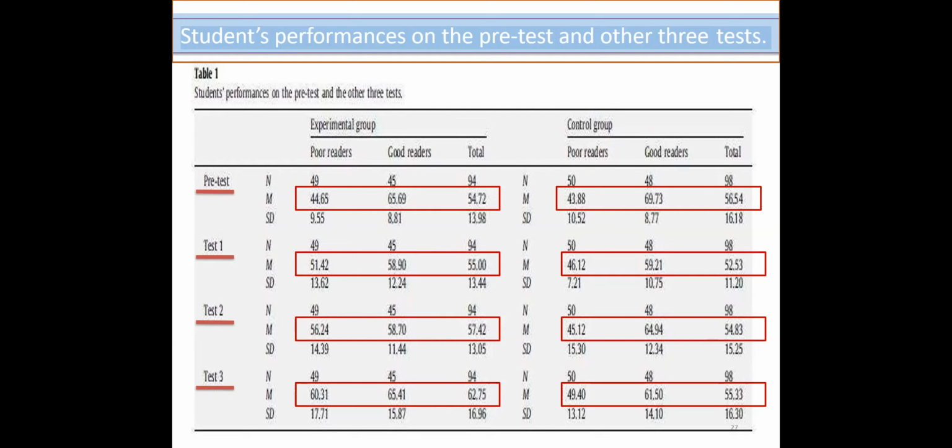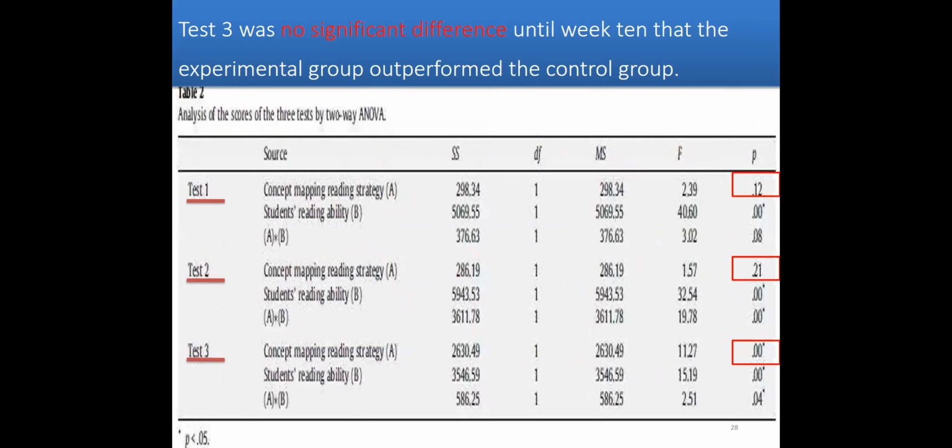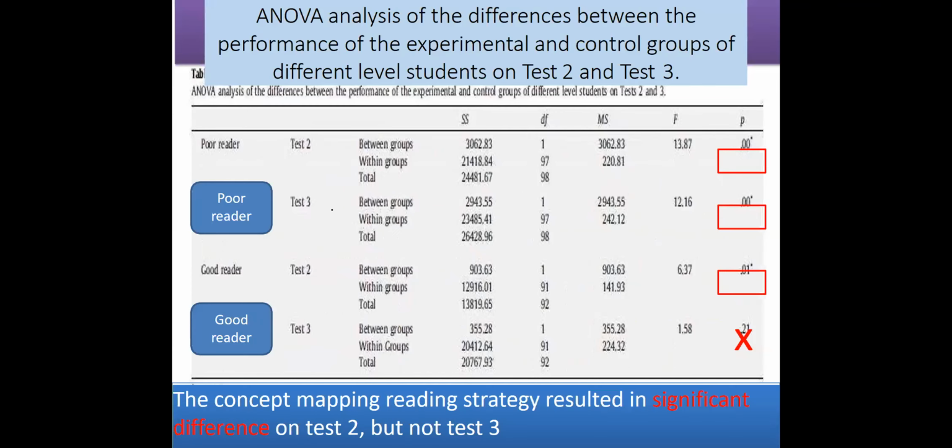But you already see the significant interactions between the concept mapping reading strategies and student levels on test 2 and test 3. Okay, you will see that with the ANOVA analysis.